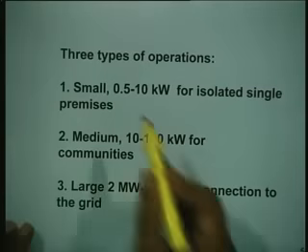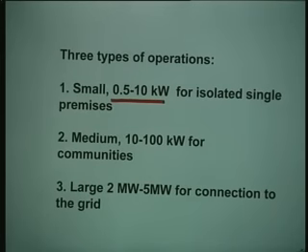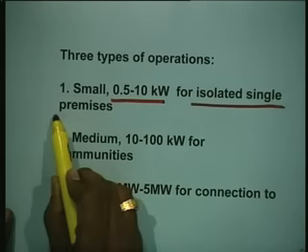There are 3 types of operation in wind power. What are they? Small, 0.5 to 10 kilowatt, something like mini, micro and small hydro, for isolated single premises.